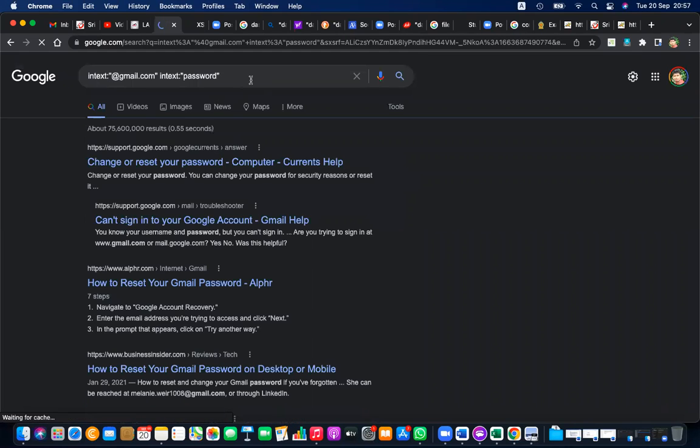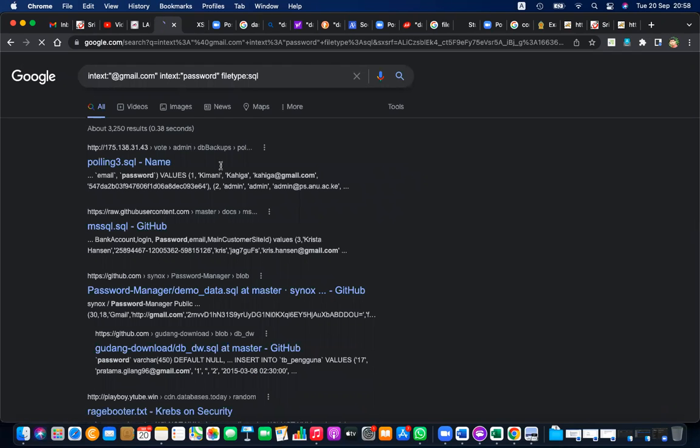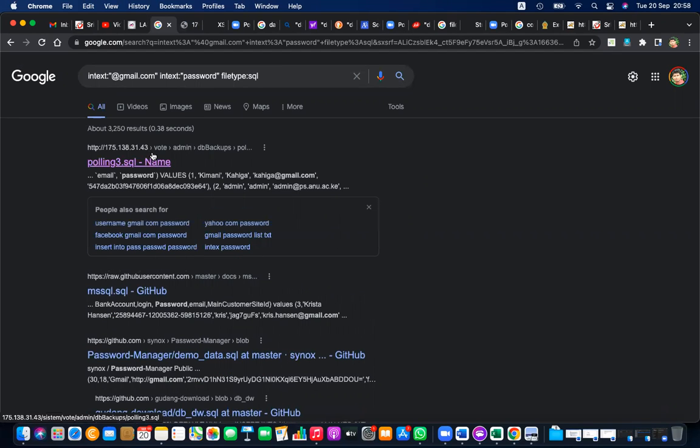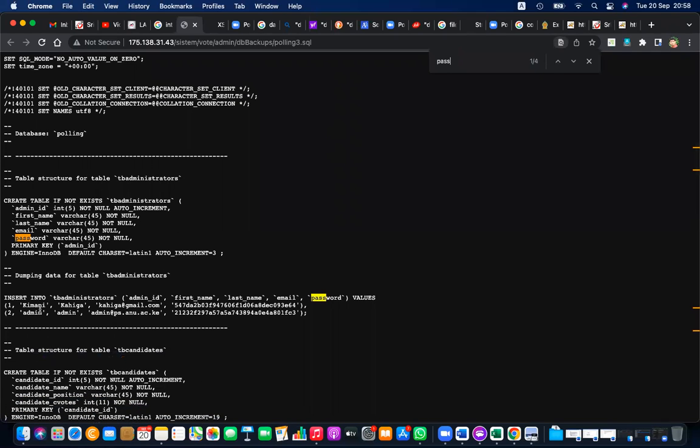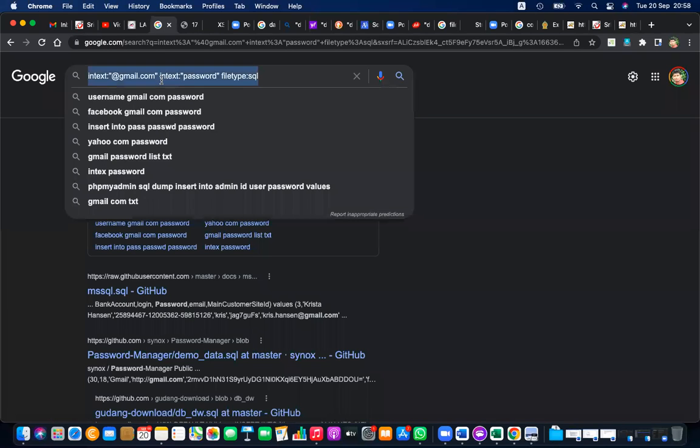And if you just search file SQL, you may be able to find SQL or database pages having passwords. You can see here, this is a Gmail address and the encrypted password is there. So you can just decrypt that. You can use an MD5 decoder.